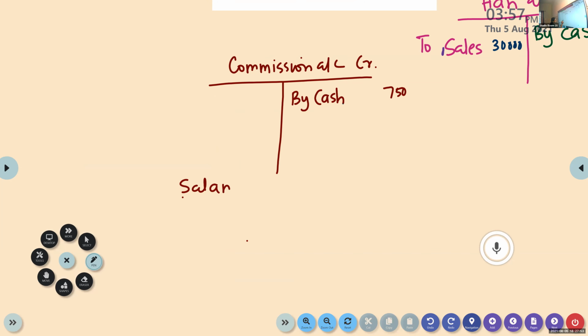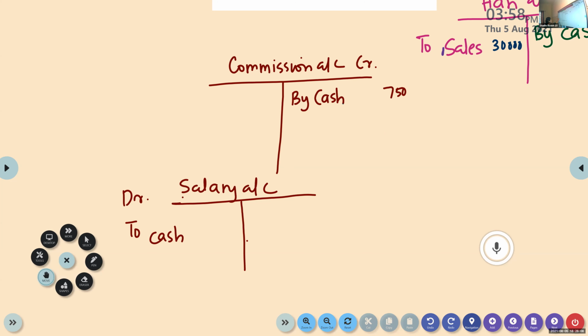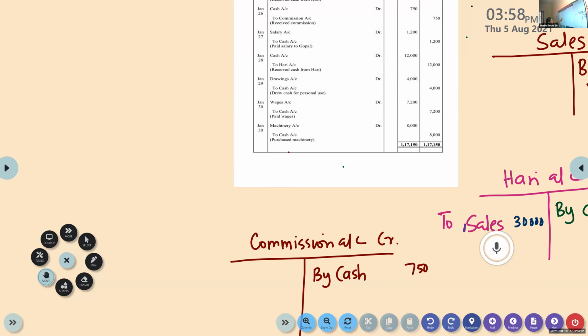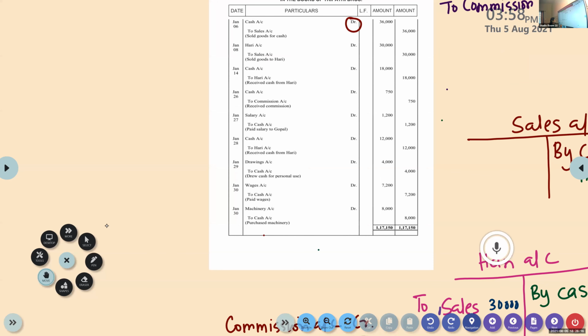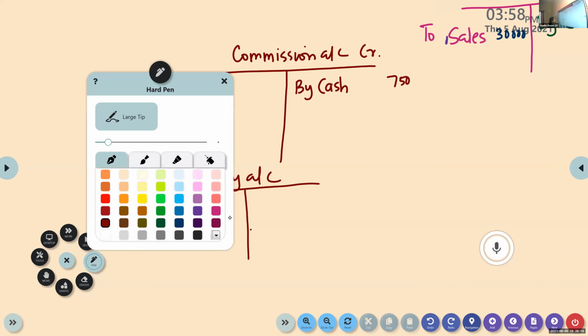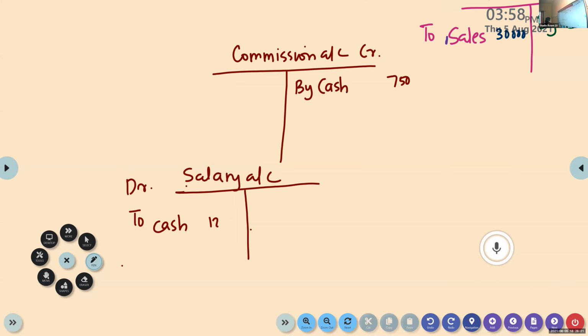Salary account debtor, so on the salary account debit side we will write to cash. How much is the amount? 1,200. And don't forget to post it in the cash account also.